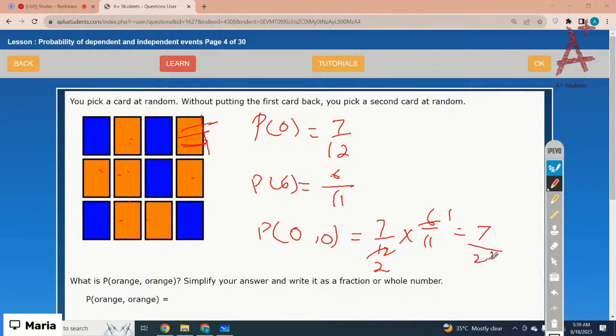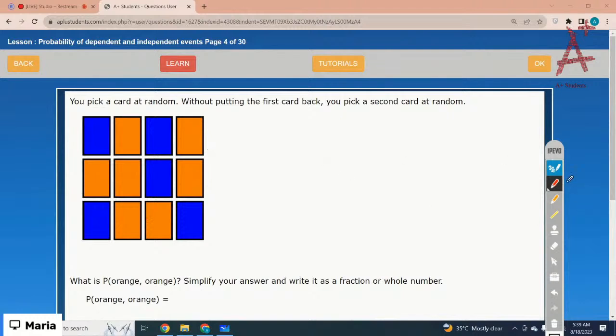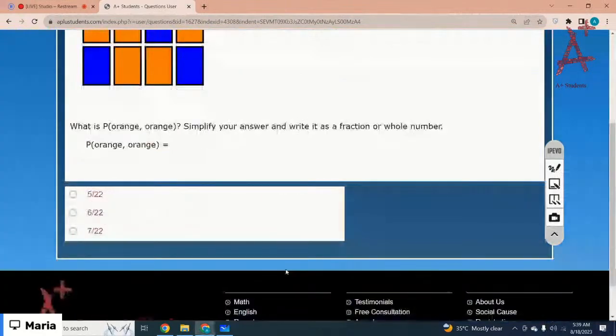It is 7 over 22. The correct option is 7 over 22.